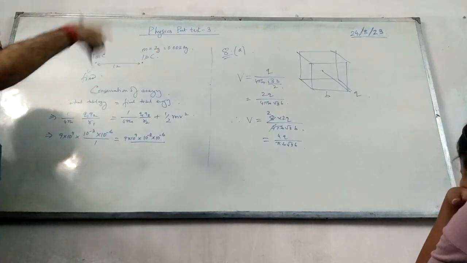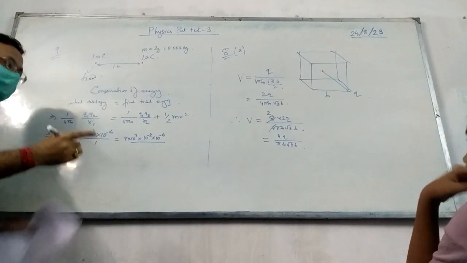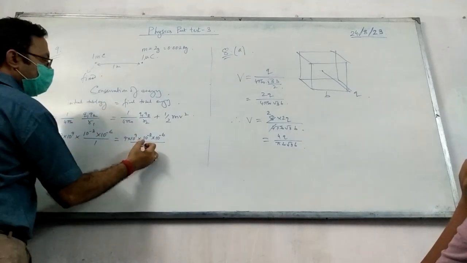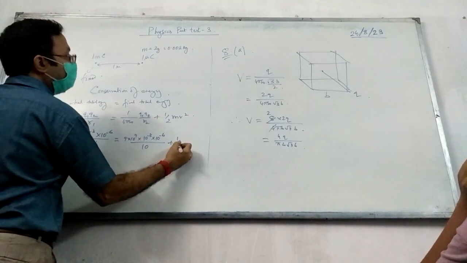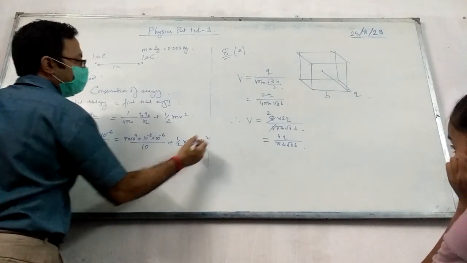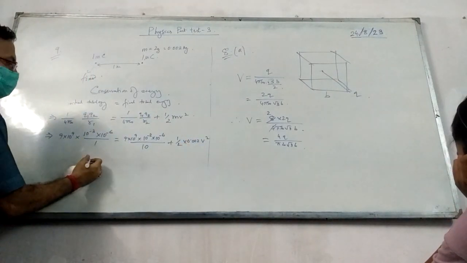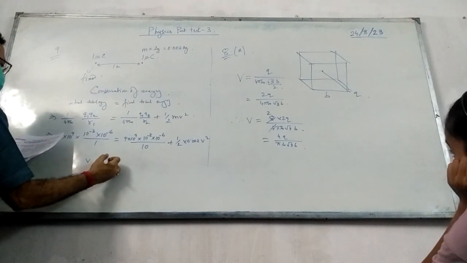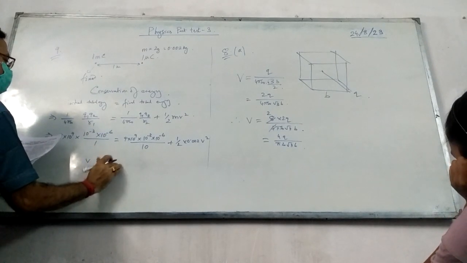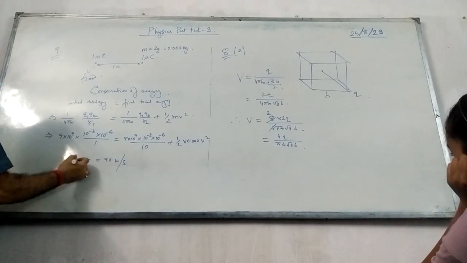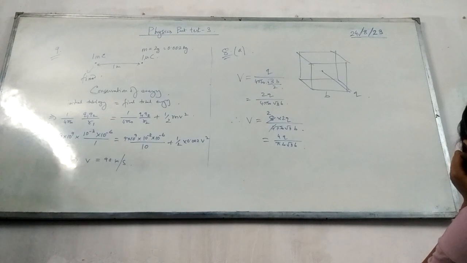This distance, the new distance has become 10 meters. देखो new separation कितना दिया हुआ है? 10 meters. So this will be 10 plus half into 0.002 into v square. So to solve this equation for v square, and the v will come out to be 90 meter per second.